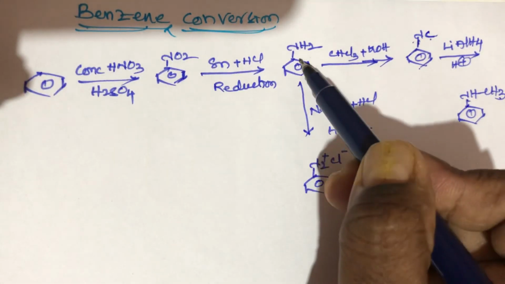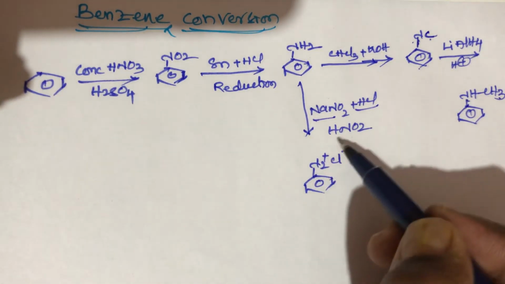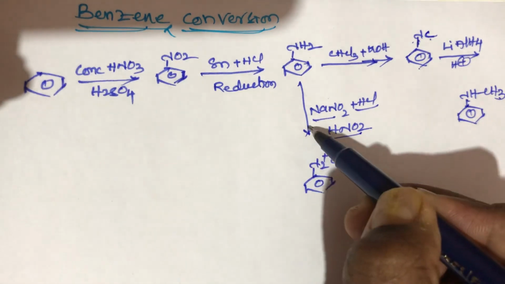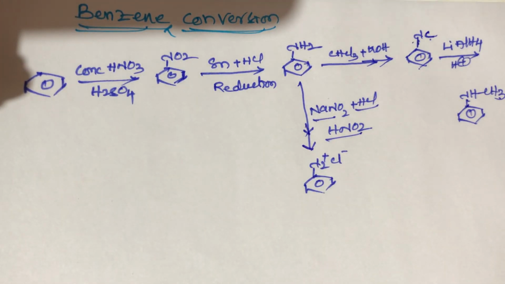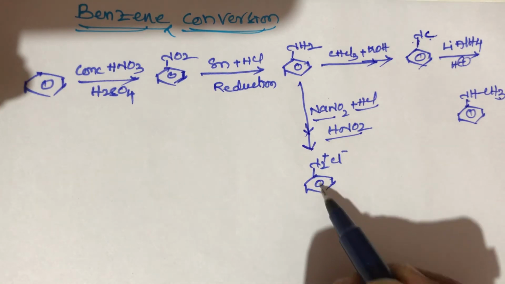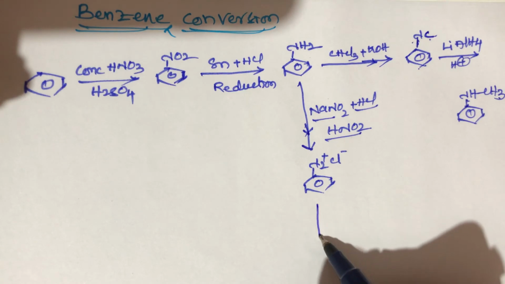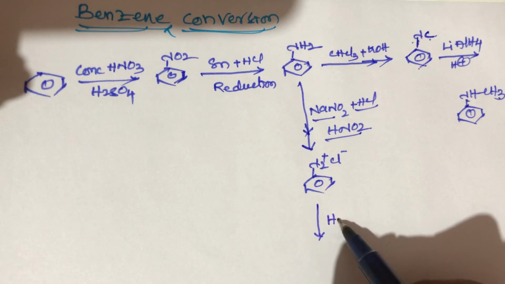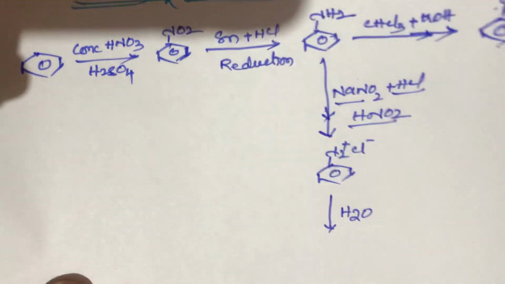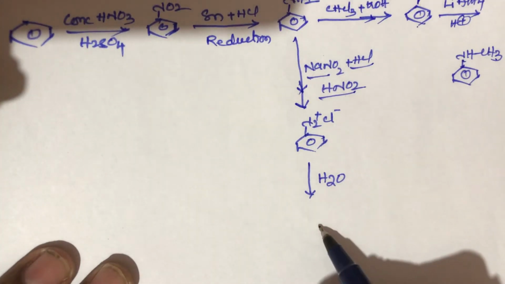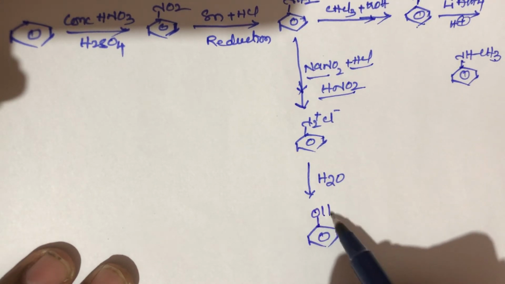When aniline, this NH2 group, reacts with NaNO2 plus HCl in the presence of nitrous acid, the product we get is benzene diazonium chloride. This benzene diazonium chloride on hydrolysis, that means reaction with water, what is the product? Phenol will be formed. This is the final product.